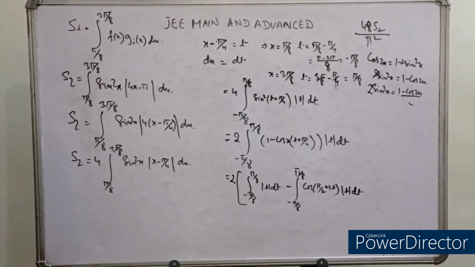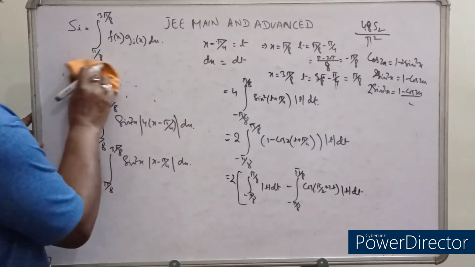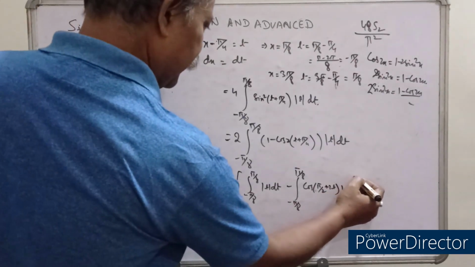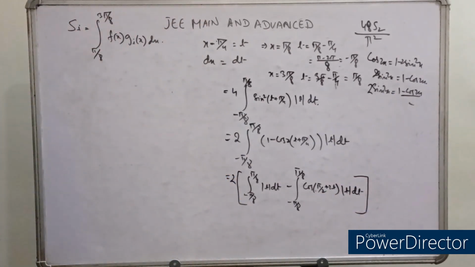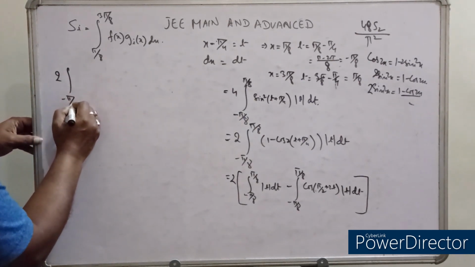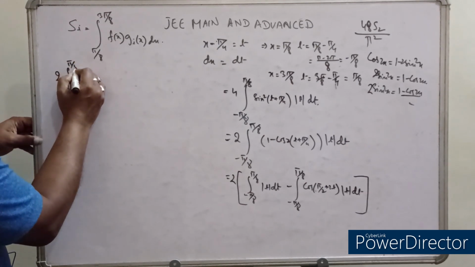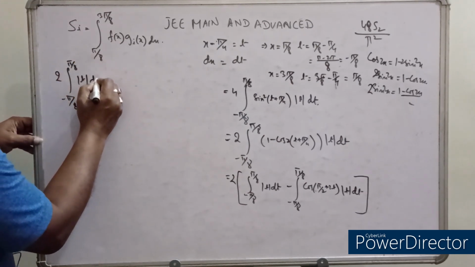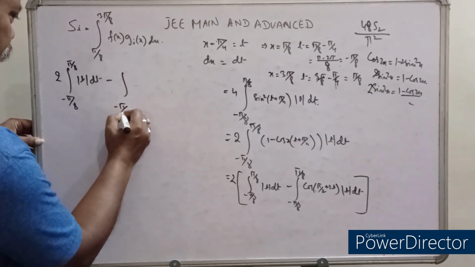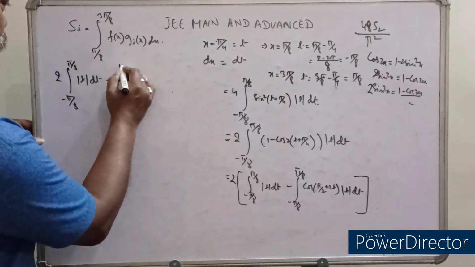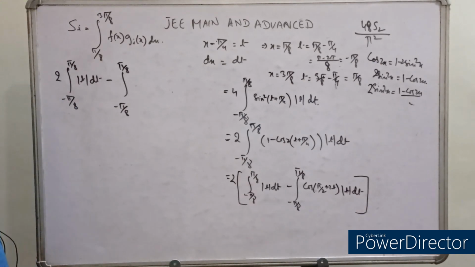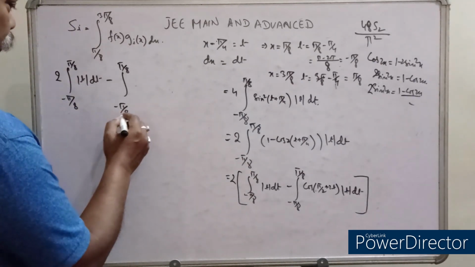So now this bracket is closed. Now what is going to happen is 2 minus pi by 8 to pi by 8 modulus t dt minus minus pi by 8 to pi by 8 cos 90 plus theta, that will be equal to minus sine theta, second quadrant.